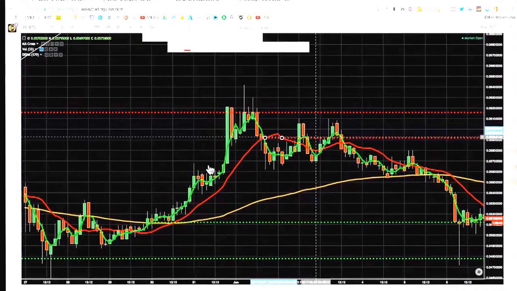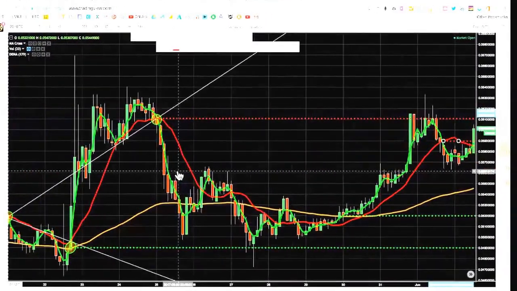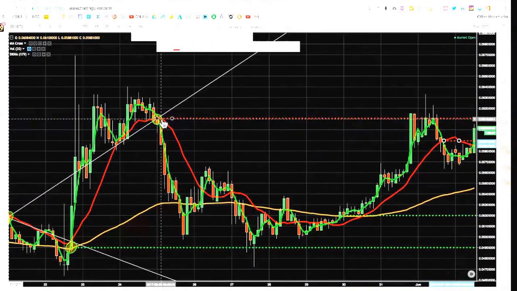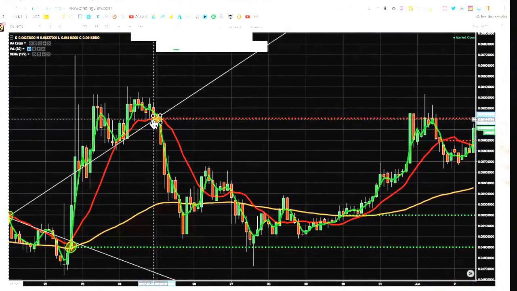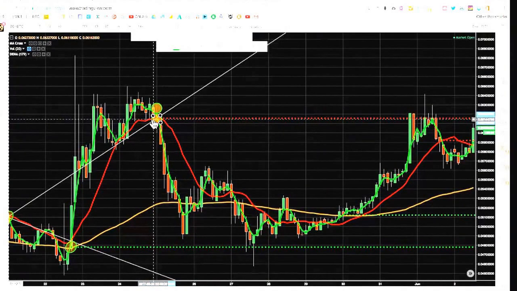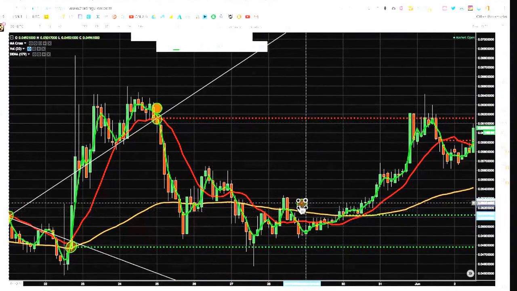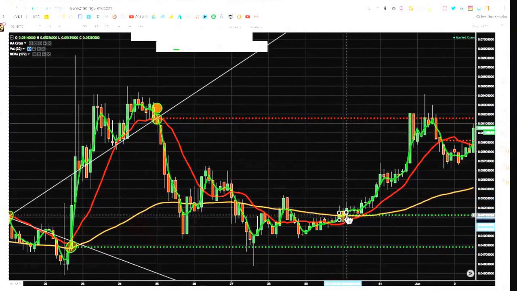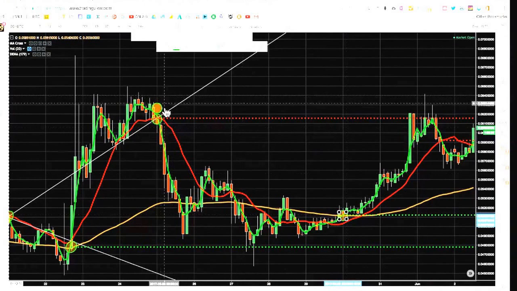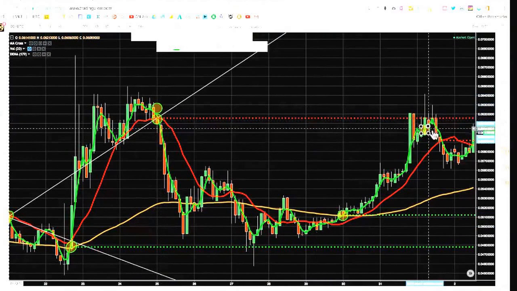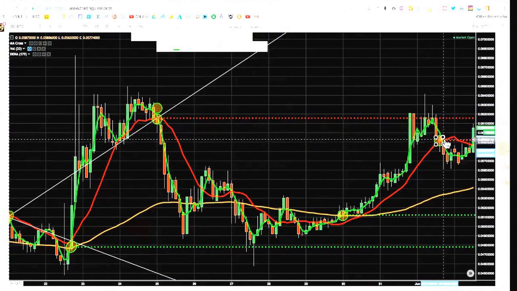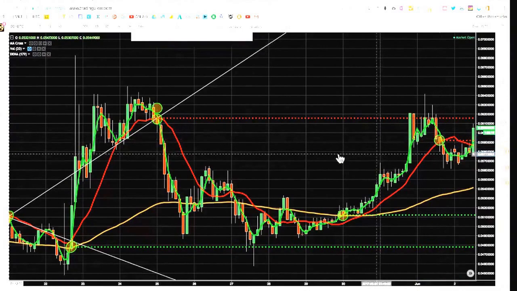Everybody see that? So what I'll do, because it is a little bit difficult to see, I'll grab a couple more of those, so I can just grab them on the origination points. There we go. There we go.